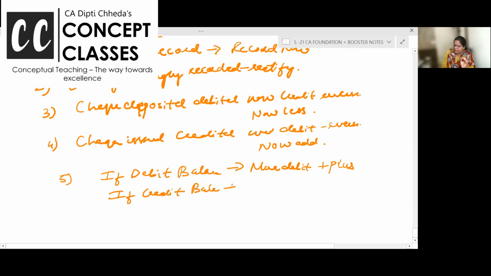If credit balance, more debit, now you want to debit, minus. अगर डेबिट बैलेंस है और डेबिट करना है तो डेबिट डेबिट ऐड. अगर क्रेडिट बैलेंस है फिर भी यू वांट टू डेबिट, सो लेस. आई होप दीज बूस्टर नोट्स आर हेल्पफुल टू यू while solving the homework question.